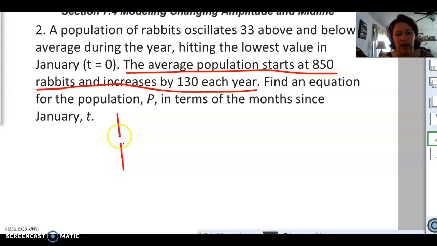So when we graph this, it says the average population starts at 850. So I'm going to put 850 up here. This is the average population. But what does it say happens in January? In January, we are hitting our lowest value. So our midline is 850, but we are going to start 33 below that, which is going to be, what, 817?